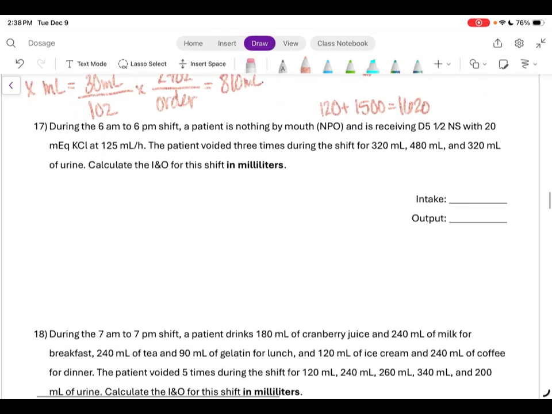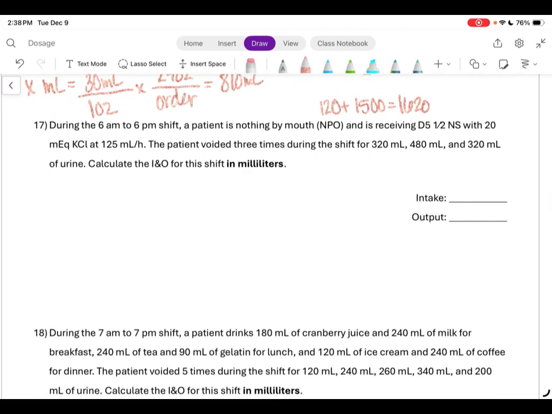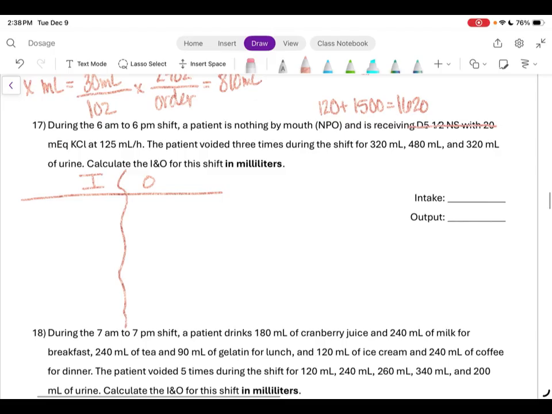Let's go ahead and keep going. Here I'm gonna draw my I and O table again. Let's see. So they're nothing by mouth, so they're not eating or drinking anything. They're receiving some fluids, which none of this actually matters to you. All you care about is how much and how fast their fluids are going.